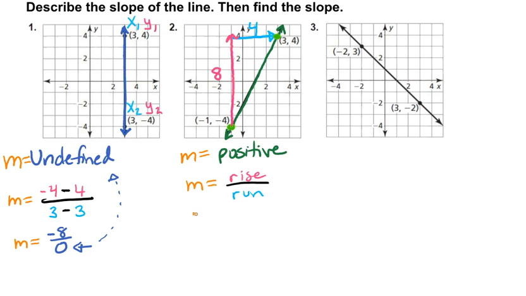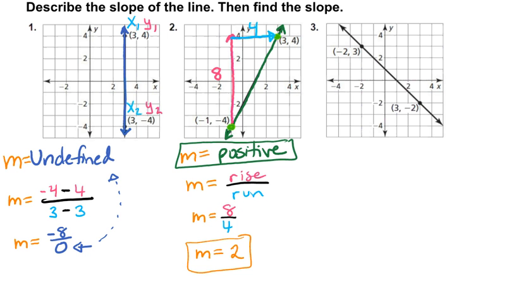So that's going to tell us that our rise is 8 and our run is 4. So our slope here is going to have the value 2. And notice that it's positive. So we've found our slope and we've also said what type of slope we're going to have.